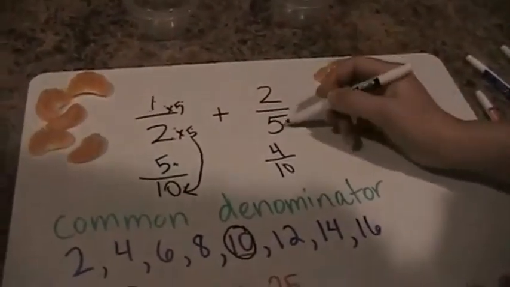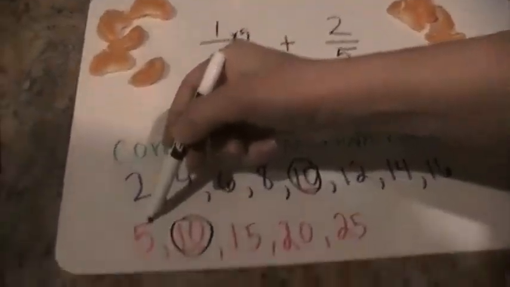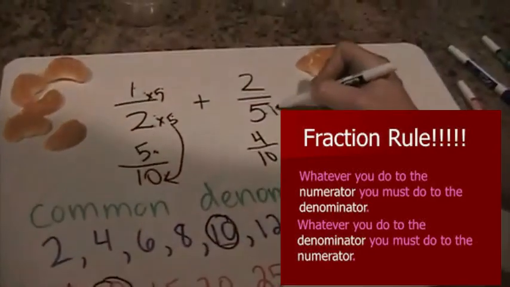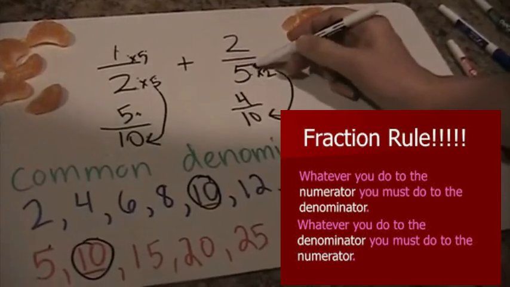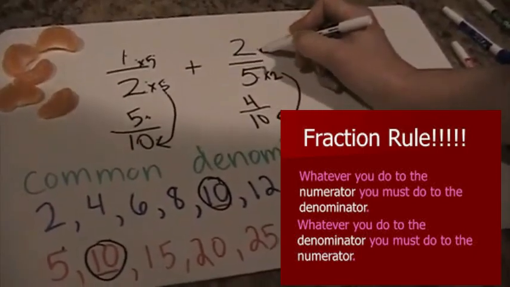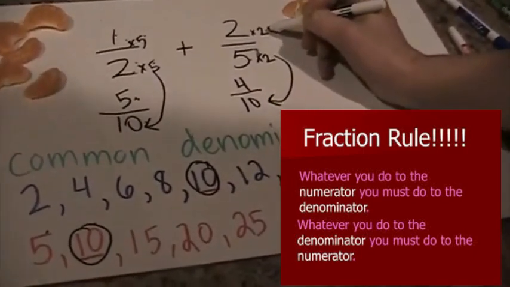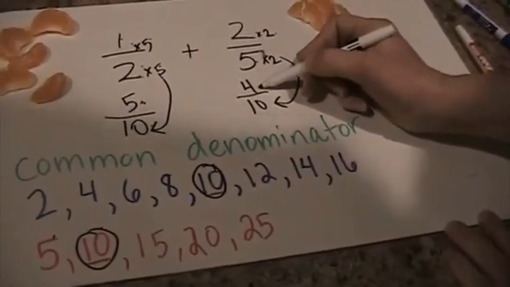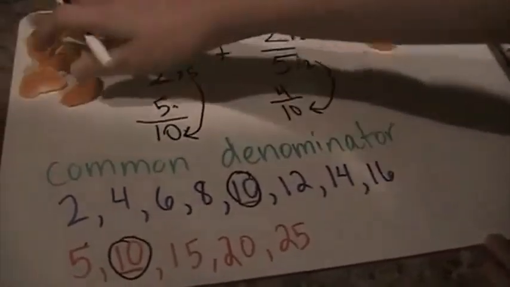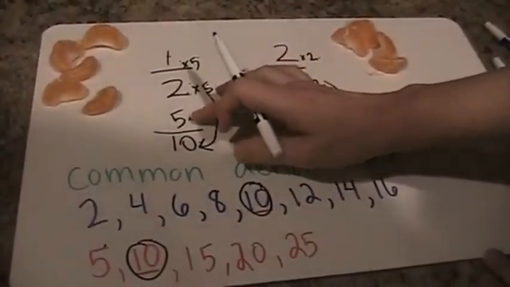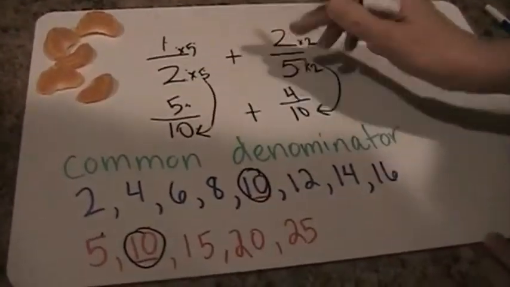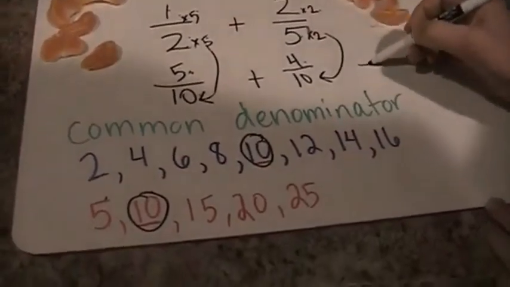And that's because 5 times 1, 5 times 2. 5 times 2 is what got me to 10. If I did times 2 on the bottom, that's the same thing I need to do to my numerator. 2 times 2 is 4. So now, instead of 1/2 an orange plus 2/5 of an orange, I'm adding 5/10 of an orange plus 4/10 of an orange.